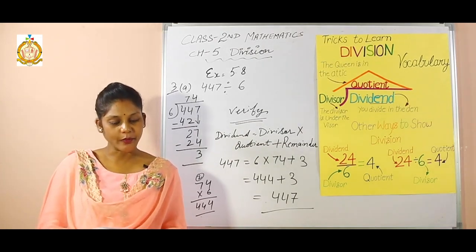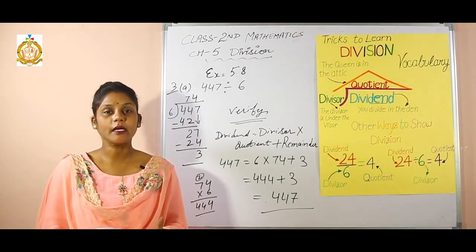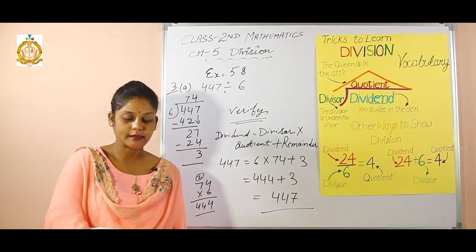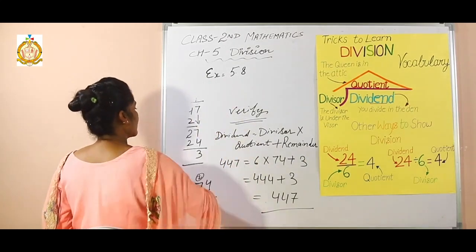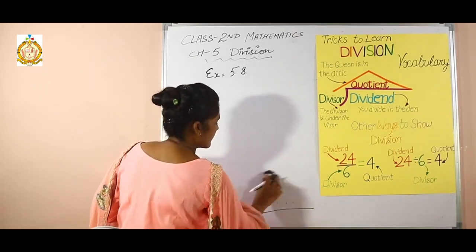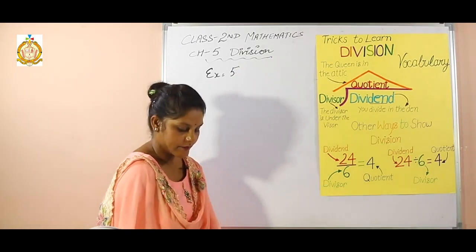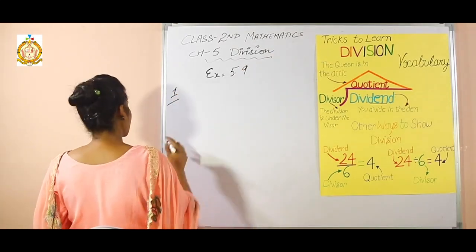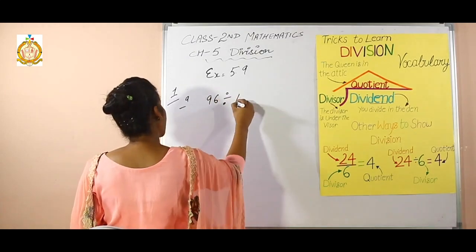Next is exercise 5.9. Here you only have to find the quotient and remainder. Only 2 things you should write from this exercise. So I want to erase the board once again. Okay. Exercise 5.9 part 1, sum number A. 96 divided by 10.